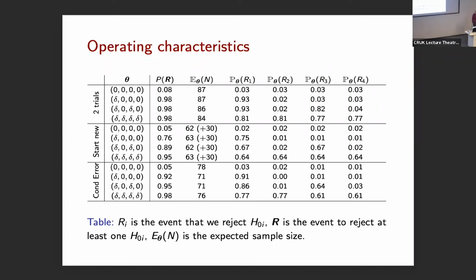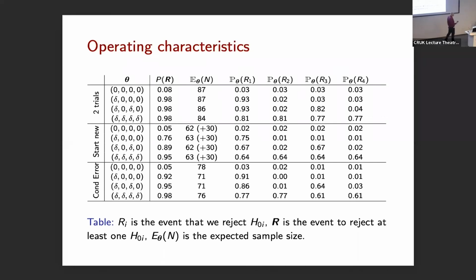In terms of the columns of the results, what you can see is the probability to reject at least one hypothesis, the expected number of patients that I would require until I get a decision, as well as the probabilities to reject each of the 4 hypotheses individually.